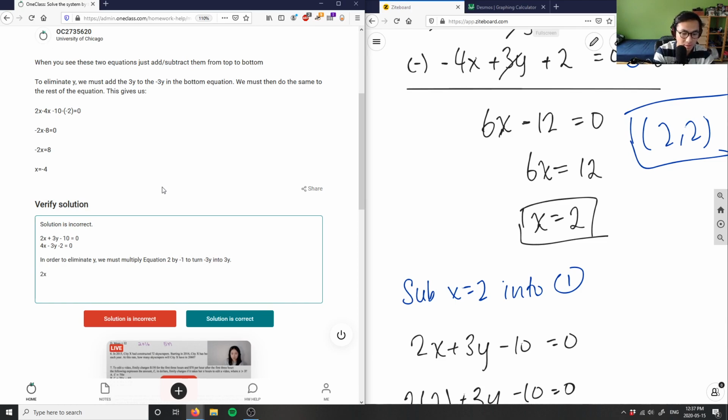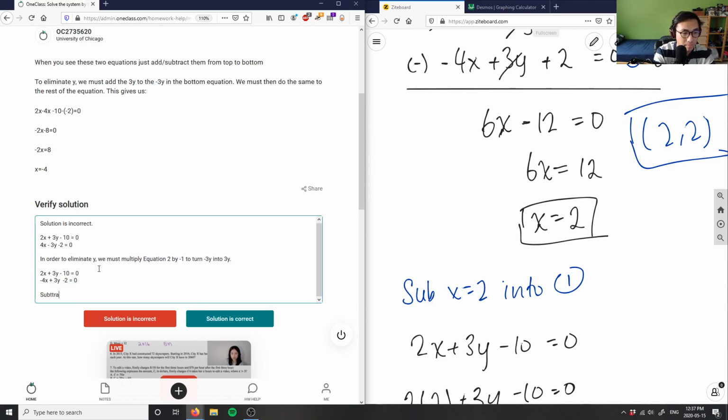So I'm going to copy and paste this, sorry, just to correct their solutions here. So I'm going to have -4x plus 3y, and then minus 2 equals 0.